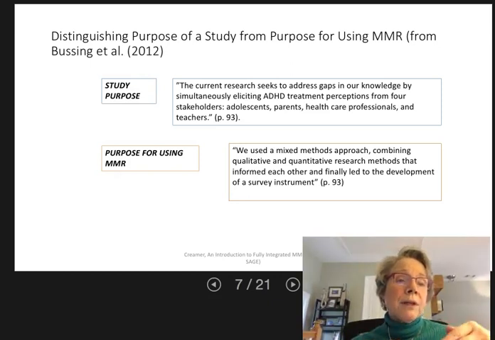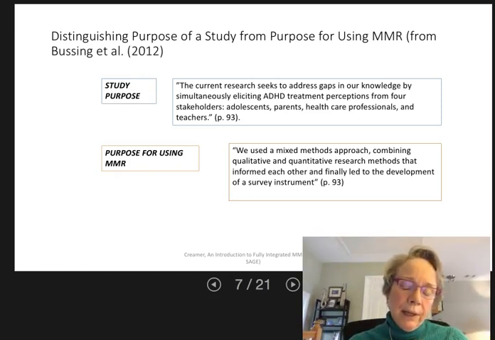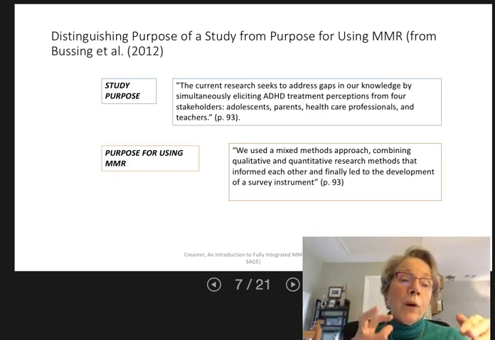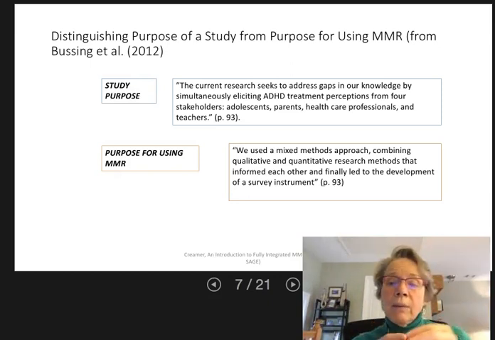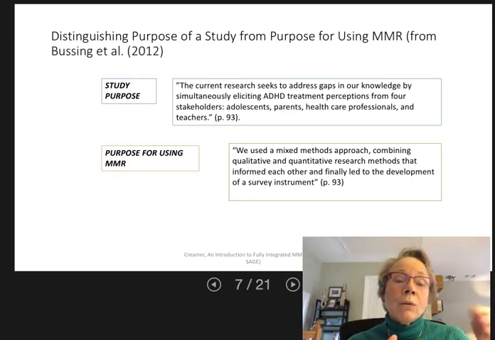So you have to distinguish the purpose of the study, the large purpose of the study, the aim of the study, from the purpose for mixing. And here I'm giving you an example from a study about ADHD, where the authors clearly address their study purpose to address gaps in knowledge by getting ADHD treatment perception from 4 stakeholders. So that 4 stakeholders is telling you multi-level expansion.